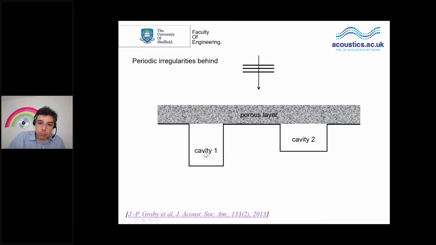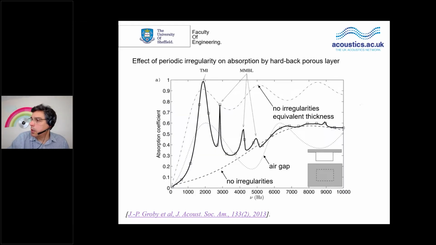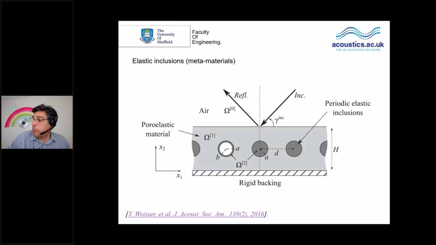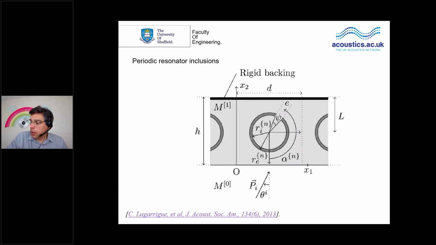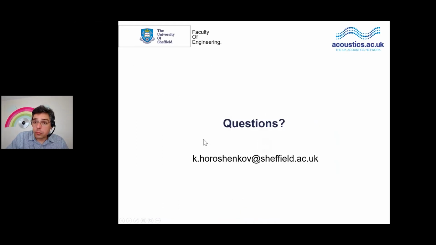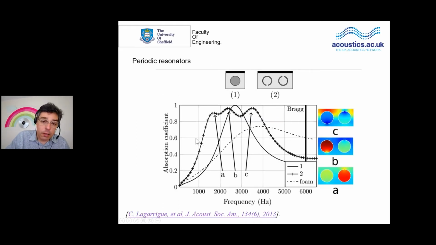Cavities, nice. We can call it metamaterials. Don't hit me on the head with this. For example, you can look at inclusions. Resonators again. So things like that. Maybe something else he can come up with, but I don't know really. I've run out of steam on the classical porous media, guys.